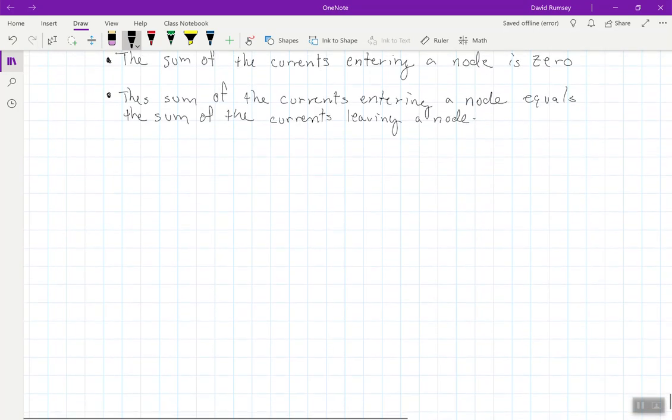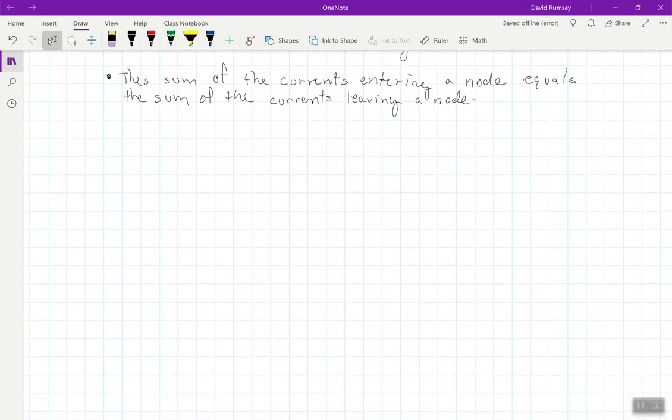So let's look at a couple examples here to illustrate this. Let's first look at it with some boxes here. We won't even put real circuit elements in just yet.